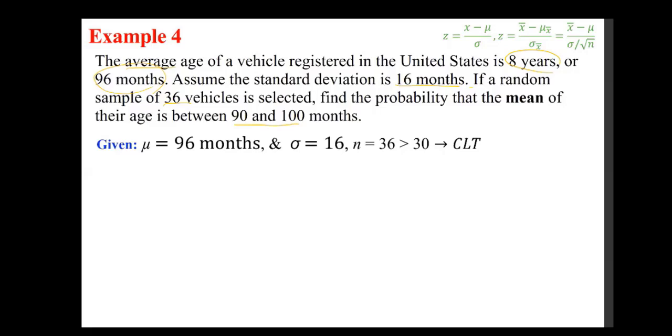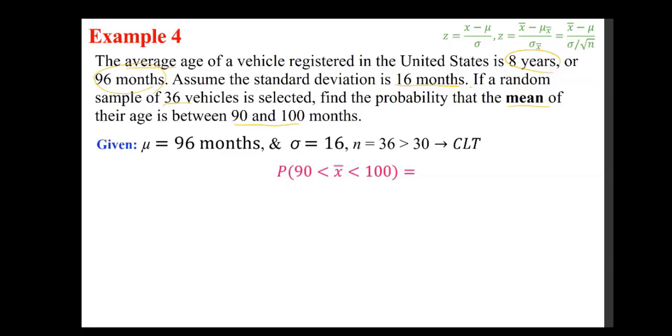So that's what we want. Probability of X bar between those two numbers. So first, we write the given, then we try to tackle the question. Probability of X bar. And it's extremely important you pay attention to that. Do we use X or X bar? It's very simple. Find the probability of the mean.